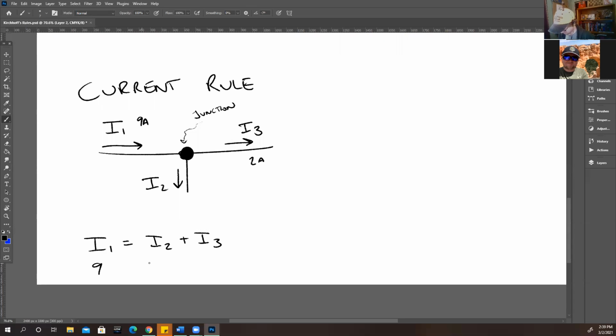So 9 equals I2 plus 2, and it's just this simple problem. I2 is 7, so it's 7 amps flowing this direction.